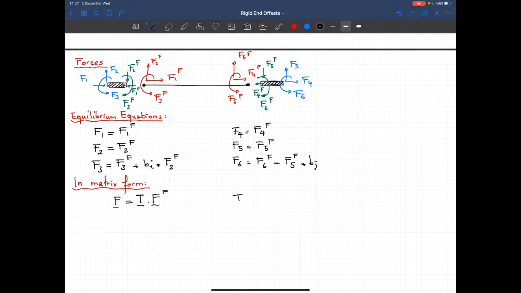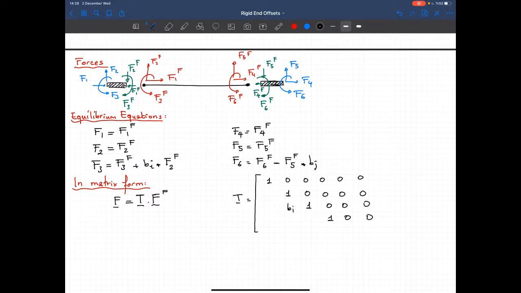So in that case, T would be equal to, I got 1, 0, 0, 0, and columns 1, 2, 3, 4, 5, 6. My second equation again, 1, 0, 0, 0, 0. Third equation, I got Bi here, 1 here, 0, 0, 0.